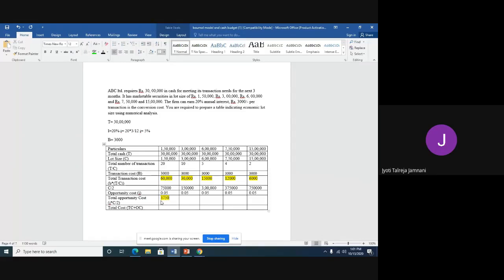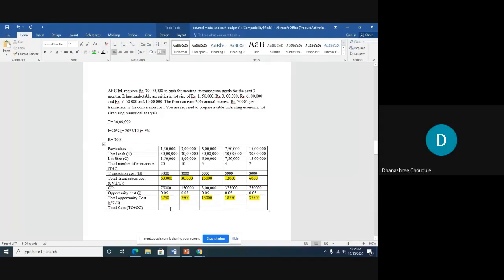Then 1,50,000 into 0.05, 7,500. 3 lakh into 0.05, 15,000. 3,75,000 into 0.05, 18,750. And last one, 7,50,000 into 0.05, 37,500.